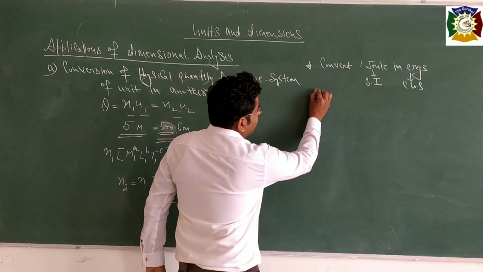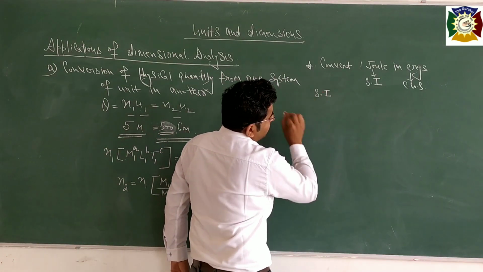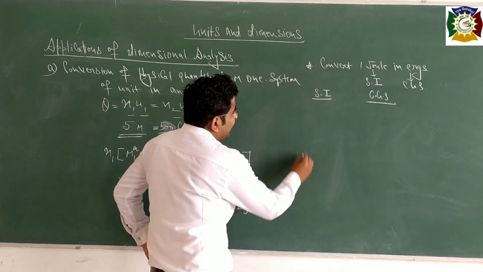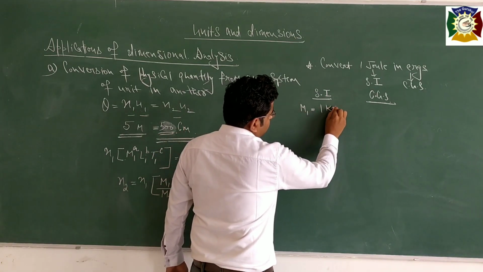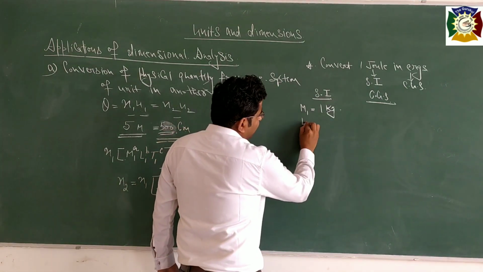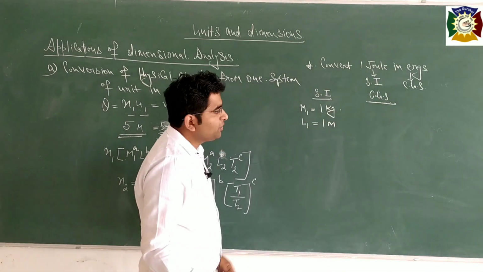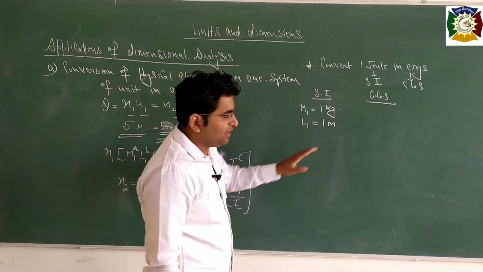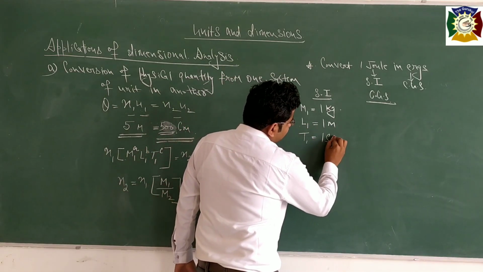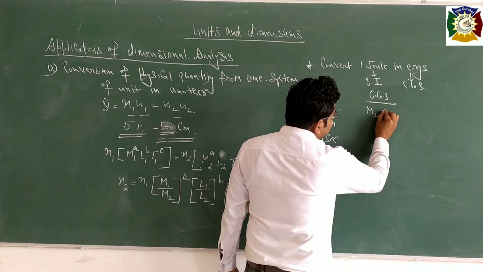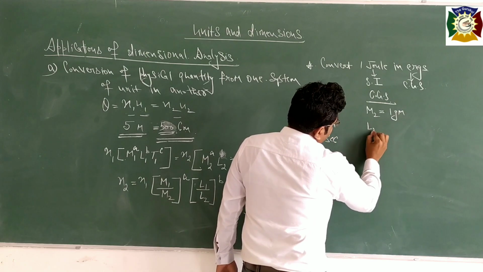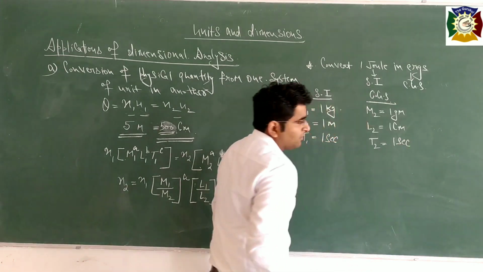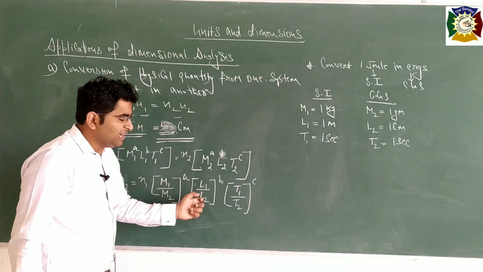So, in the SI system, we know M1 is 1 kg, L1 is 1 meter, because in the SI system mass is measured in kilograms, length in meters, time in seconds. In the CGS system, mass is in grams, length is in centimeters, time is in seconds. First of all, we have written this M1, M2, L1, L2, T1 and T2.